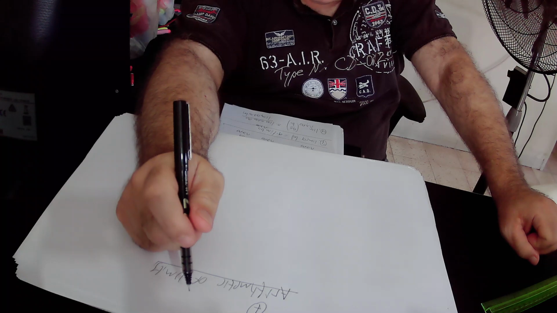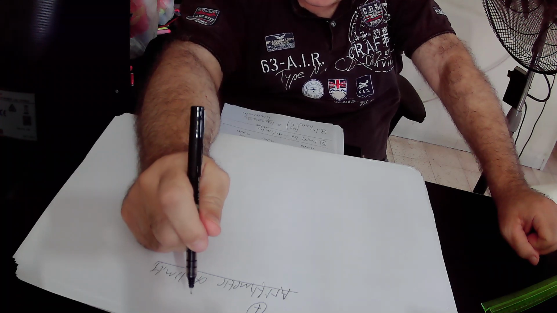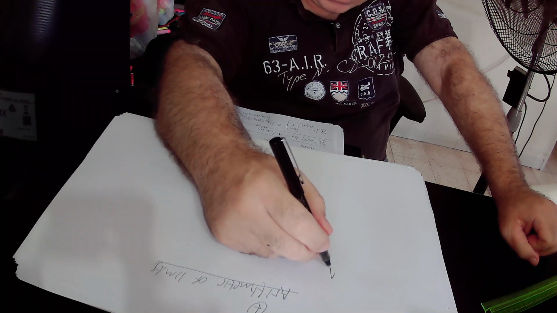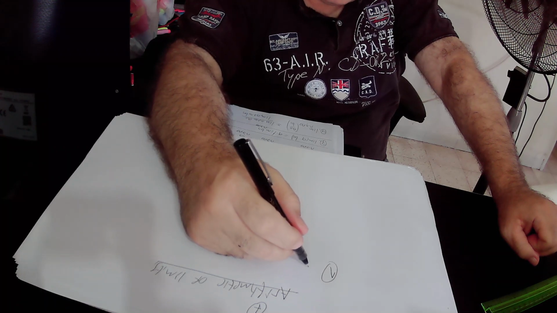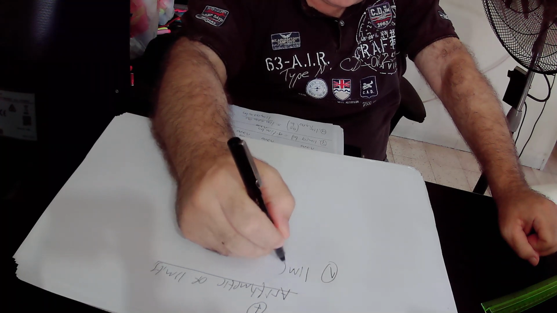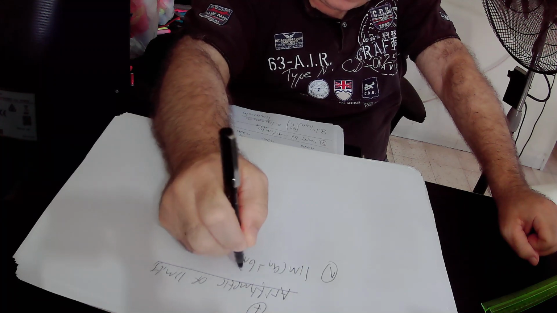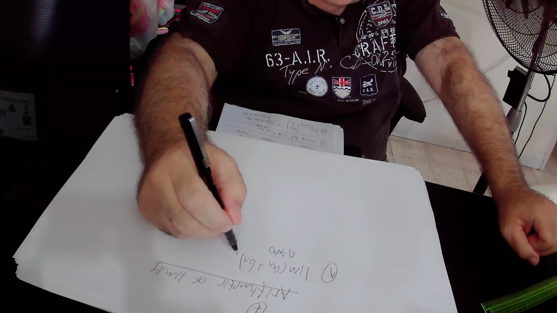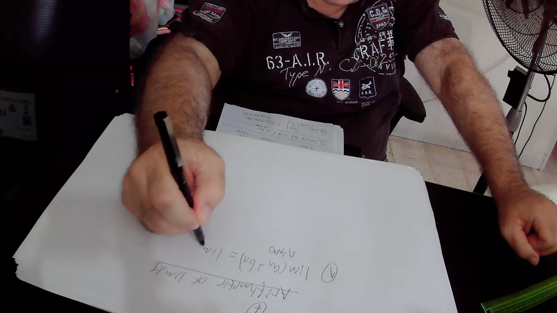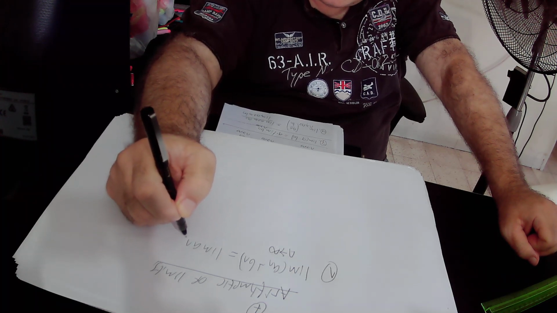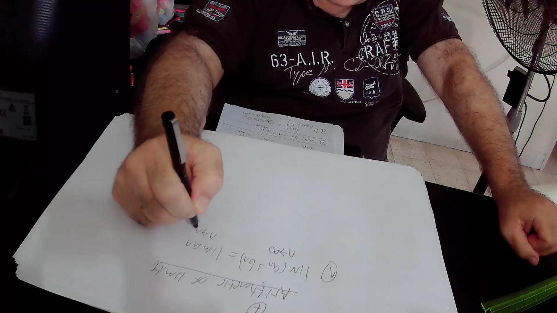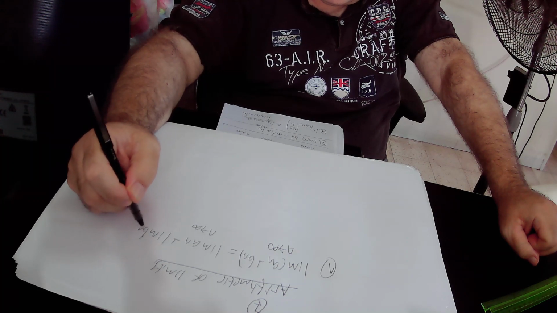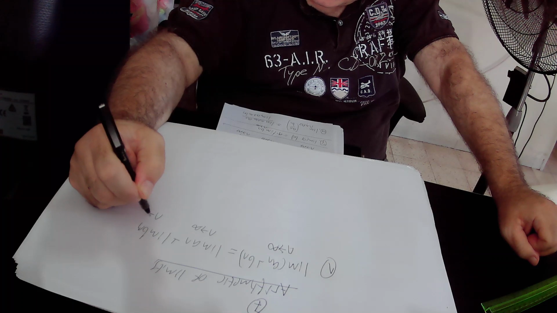The limit of an plus bn, when n tends to infinity, is equal to the limit of an when n tends to infinity plus the limit of bn when n tends to infinity.